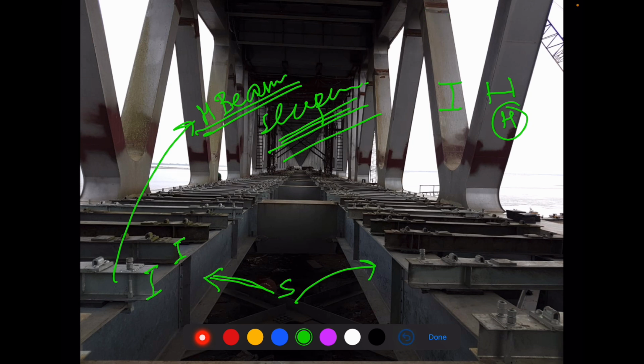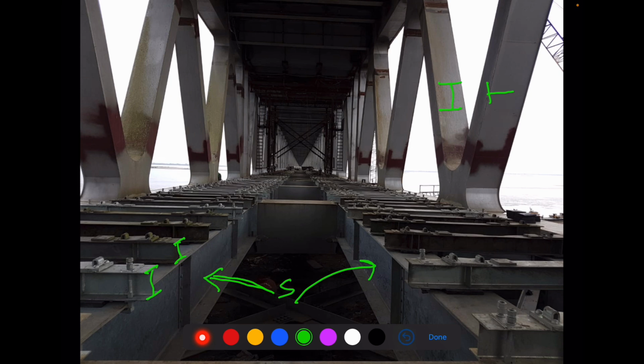You can also see how they have been put over the stringers, and if you see carefully, you can find this hook bolt that is used to secure this H-beam sleeper with the top flange of the stringer.